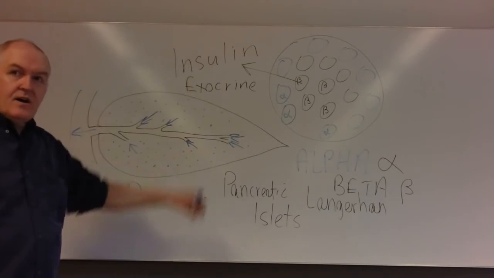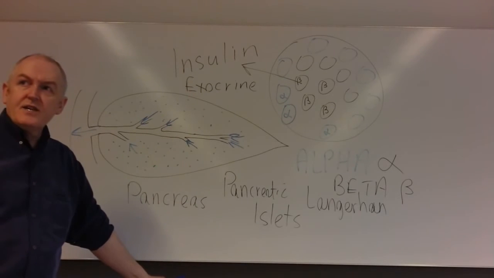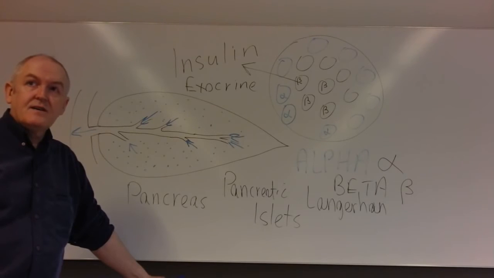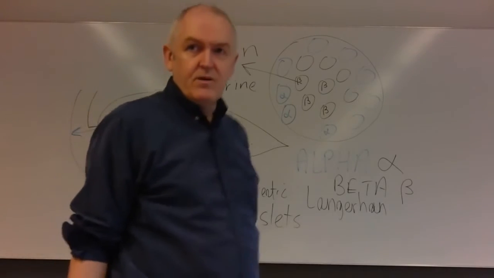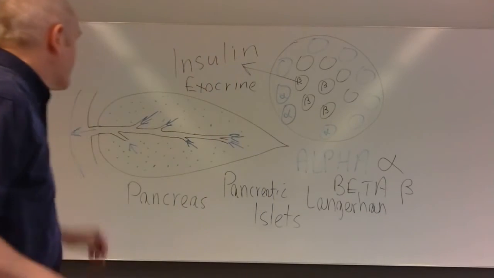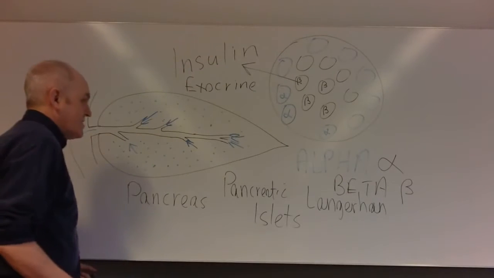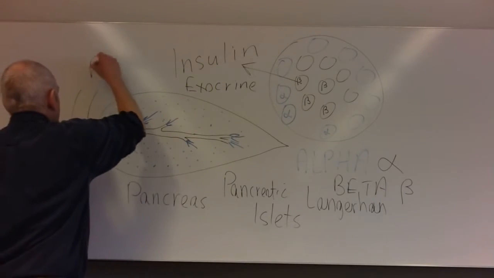But the insulin is not like that. The insulin doesn't leave the pancreas via a duct, it leaves the pancreas via the venous drainage of the pancreas. It goes straight into the blood. And whenever a product is released straight into the blood, the term we use for that is endocrine.